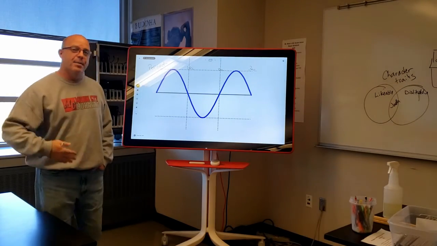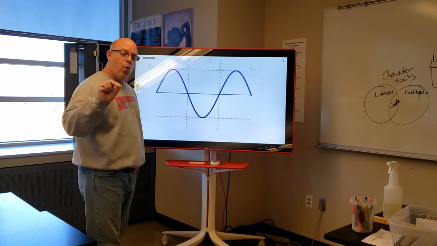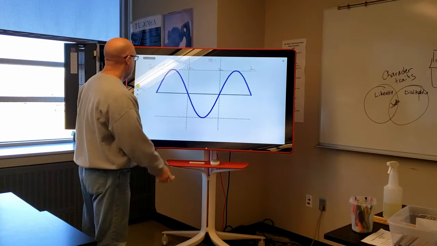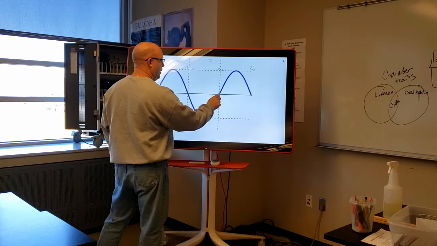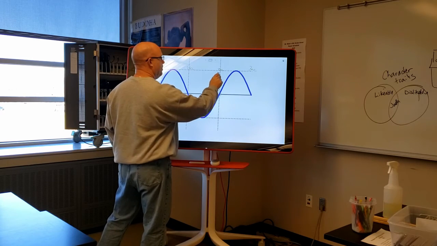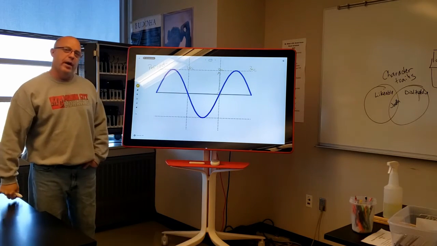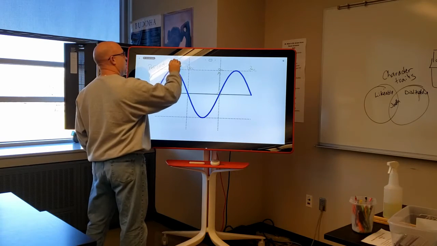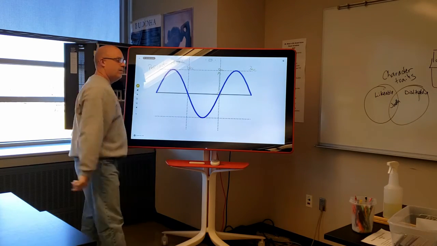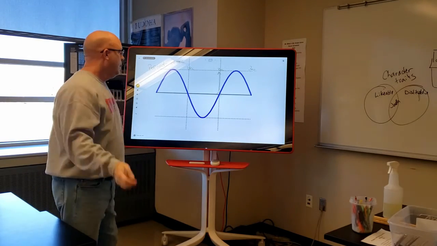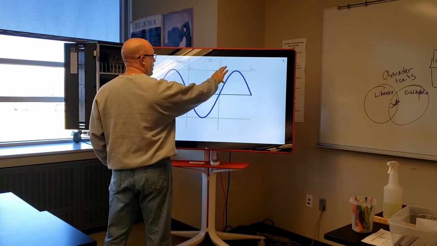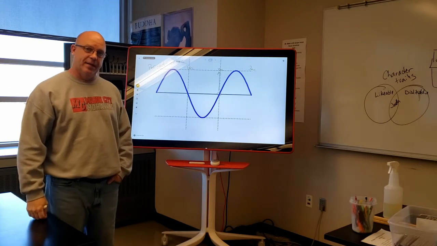Well, it's the time it takes for one wave to go by. One up, one down, right here. The period of this wave is 2 seconds. Remember, one wave is one up, one down. Check the time, 2 seconds.